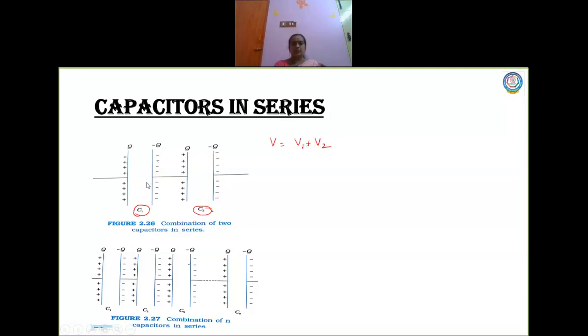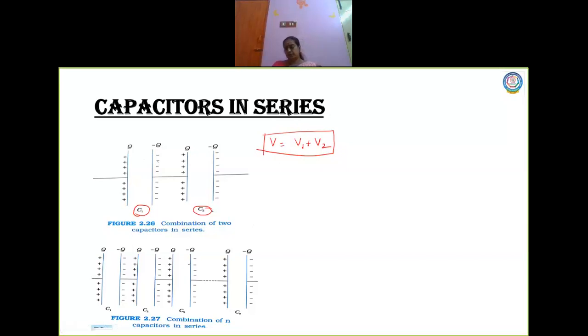So here the potential of this first capacitor will be V1, here the potential of the second capacitor will be V2. Charges remain the same, potential alone will vary. So V is equal to V1 plus V2.